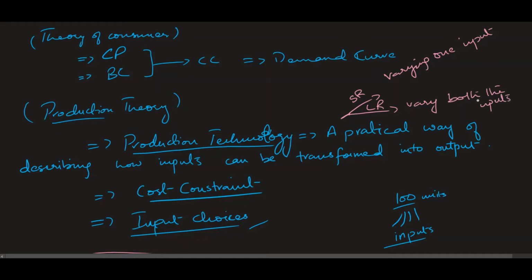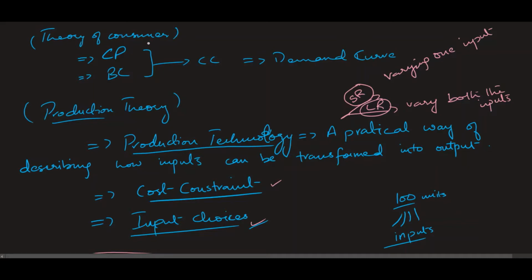Okay, and both the inputs means capital and labor. Then after discussing both of these, short run and long run production technology, we are going to introduce cost constraint, and then we are going to find out the input choices.